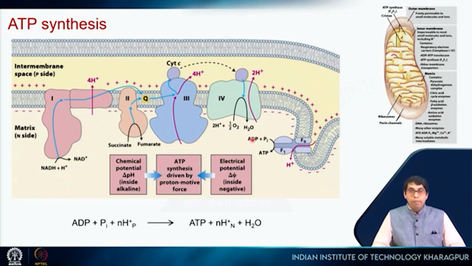So ADP plus inorganic phosphate will form ATP, and this is not a favorable reaction. To drive this reaction, we will use the energy which is stored across the membrane. So there is this enzyme complex called the ATP synthase, which will result in ATP synthesis. It will allow the passing of protons along the gradient, and it will use that energy to synthesize ATP.